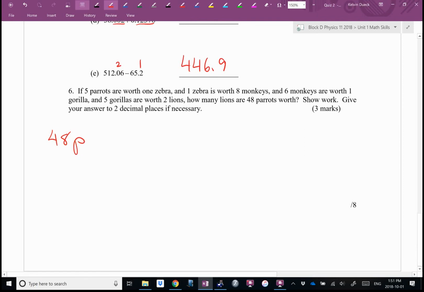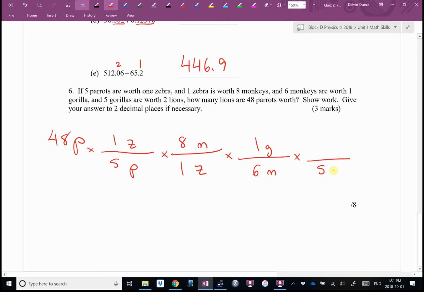48 parrots times 5 parrots, 1 zebra times 1 zebra, 8 monkeys times 6 monkeys, 1 gorilla times 5 gorillas, 2. And I think I told you I always make my lowercase l's cursive, otherwise they look like 1s.